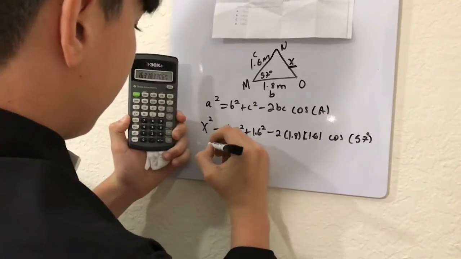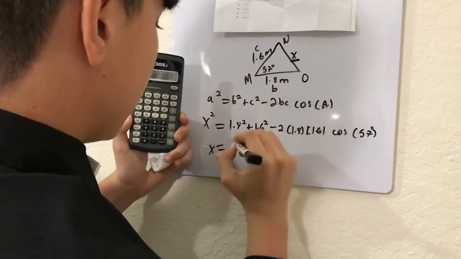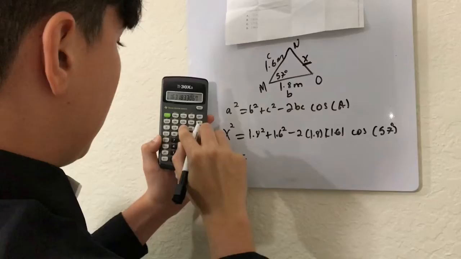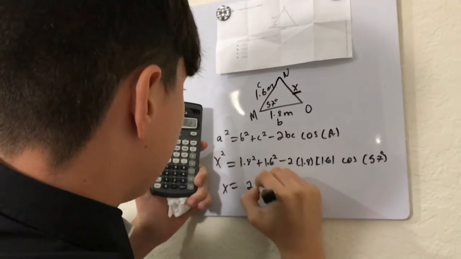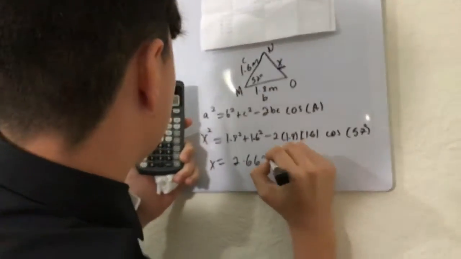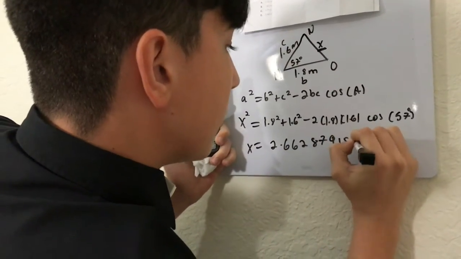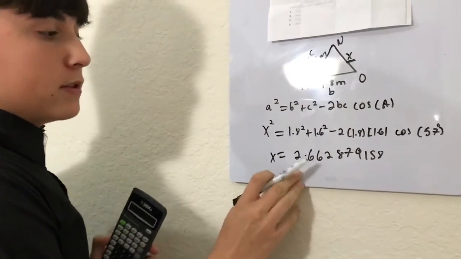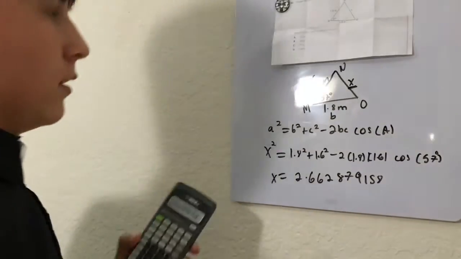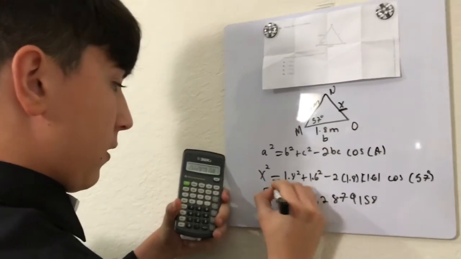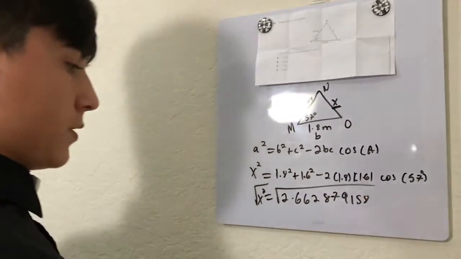If we write this out, x squared equals 2.6628791158. We cannot round since we're not at the end yet. And then to solve for x, which is squared, we have to take the square root of the equation.